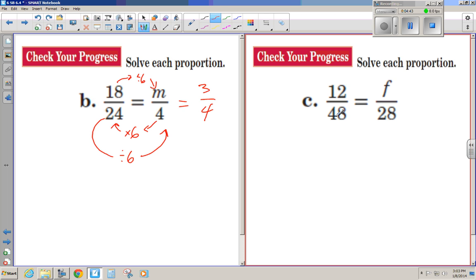Here, 28 to 48. Well, we can't do anything directly. This is not very easy. So instead, look at 48 and 12. Look at 48 and 12 and say to yourself, all right, divide 48 by 4, which means you divide this by 4, so 7/28.